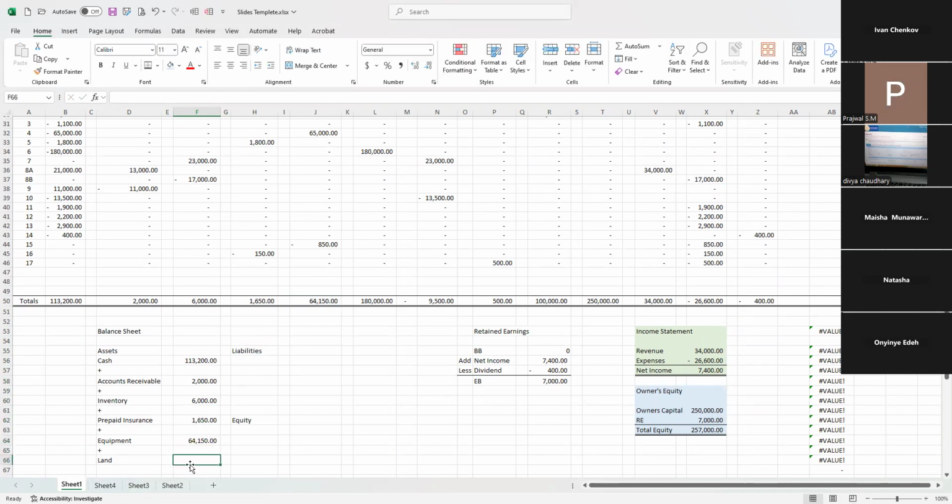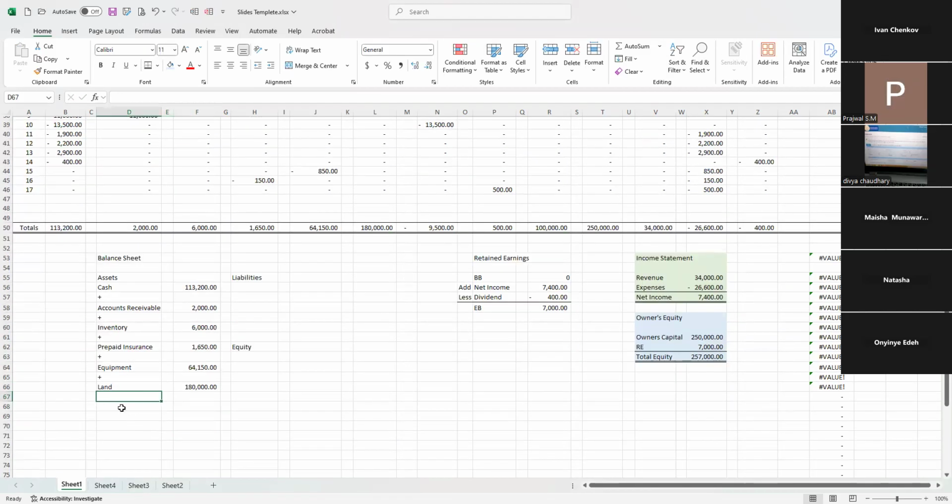And land, 180,000. How much are our total assets? All of them together. Let's get this one like this. All of them together, and that will be $367,000. Right?